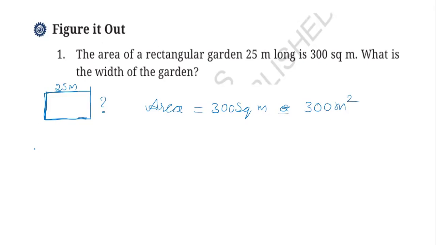Now, we know the formula for area of rectangle. Area of rectangle is equal to length into breadth or length into width.